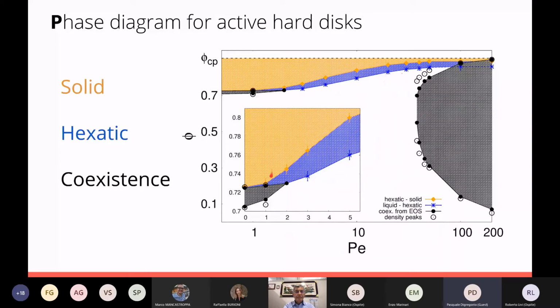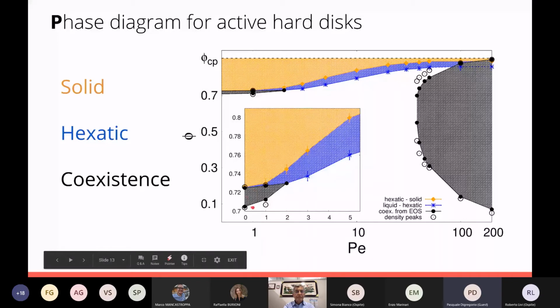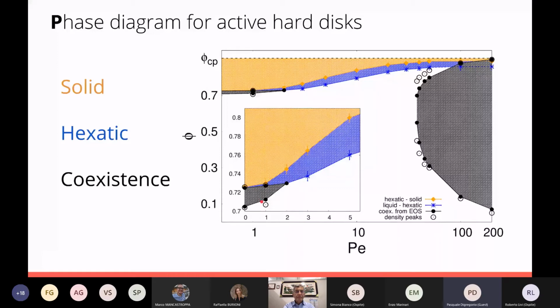The second main feature that I want to show you is that the nature of the hexatic-liquid phase transition changes as soon as we turn on activity in our system. As you can see here, while the hexatic-liquid phase transition, as I mentioned before, for the passive system, the classical hard disk model, is a first order phase transition with a coexistence region, as soon as we turn on a bit of activity, we observe a crossover between the first order phase transition and a second order, continuous phase transition.